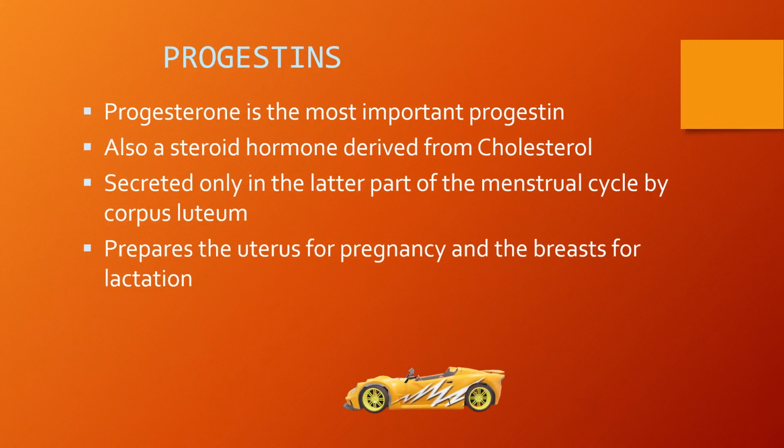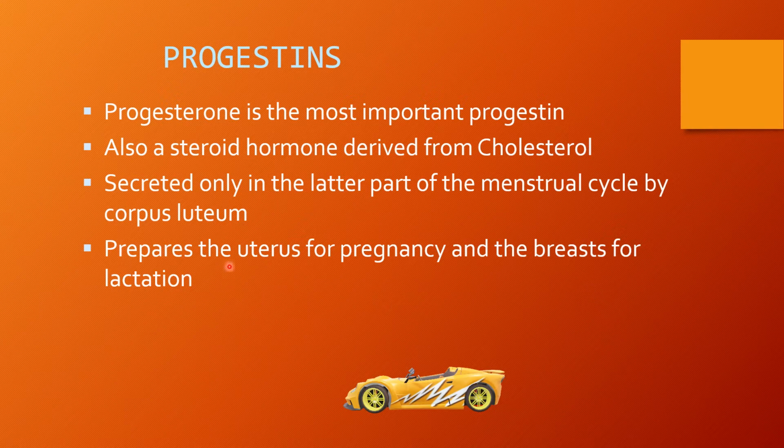Now for progestins. Progesterone is the most important type of progestin. It's also a steroid hormone derived from cholesterol. It is secreted in the later part of the menstrual cycle by the corpus luteum, and it prepares the uterus for possible pregnancy and the breast for lactation.